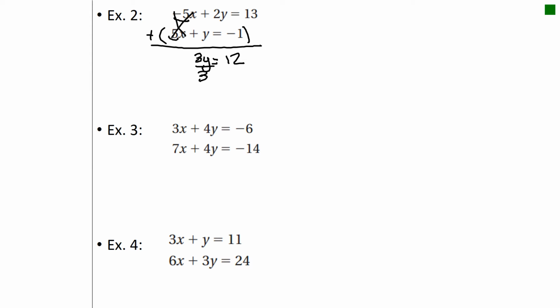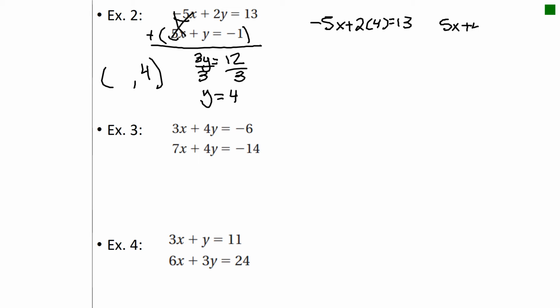Divide by 3, y equals 12 divided by 3 is 4. So we found out that our y value is 4. So we're going to find our x value by plugging it into both equations. We'll have negative 5x plus 2 times 4 equals 13, and 5x plus 4 equals negative 1.